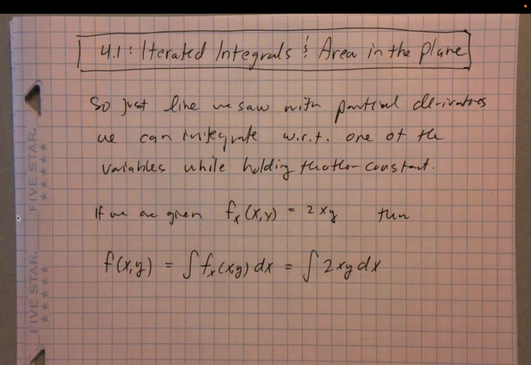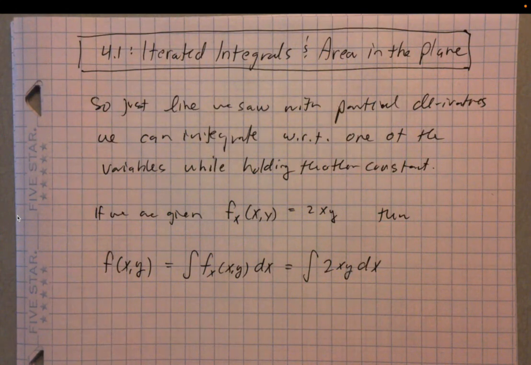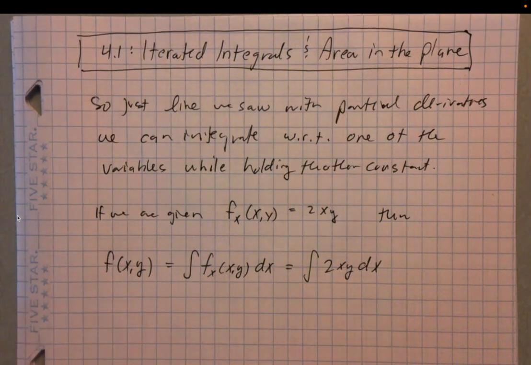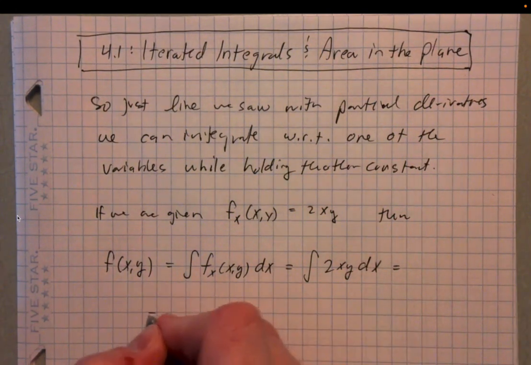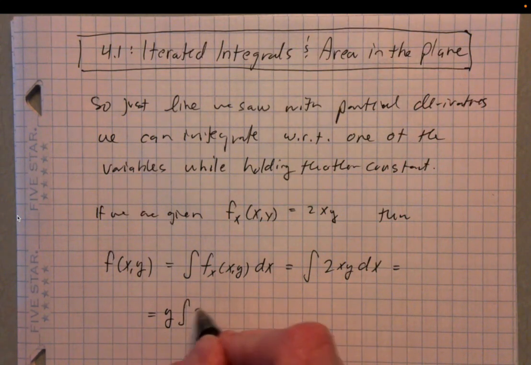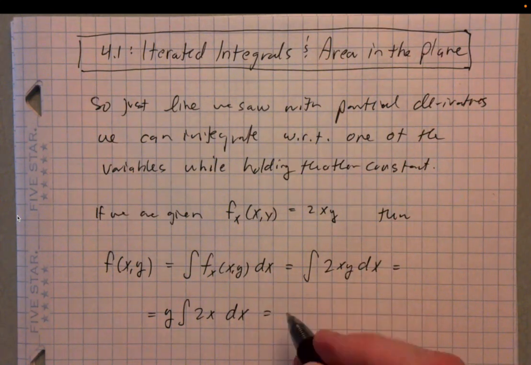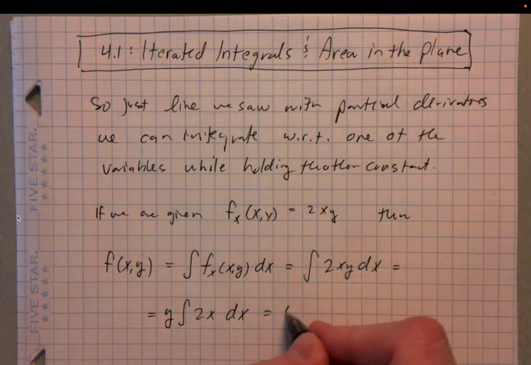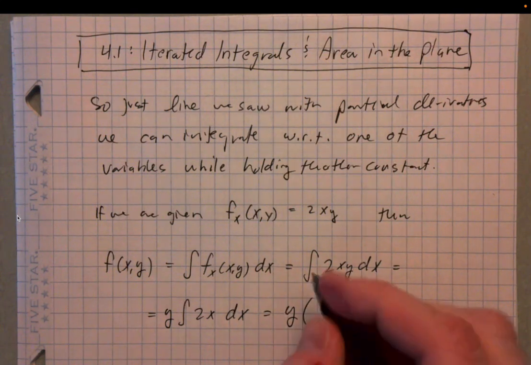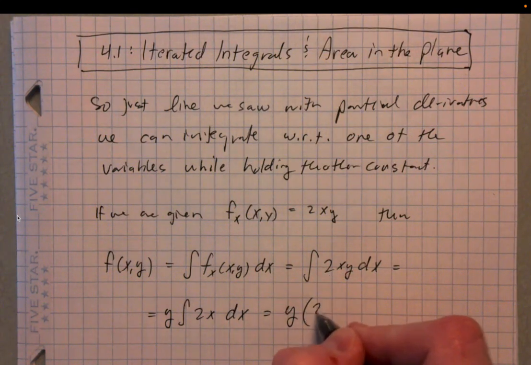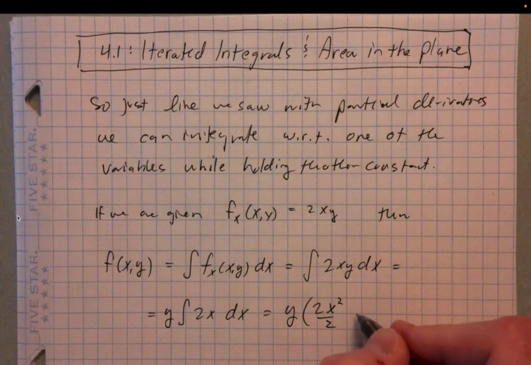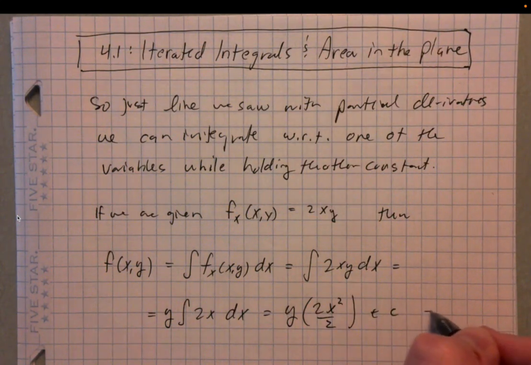Now remember, y in this setting is considered to be a constant, so we can pull it outside of the integral to make that plain. This is going to be y times 2x squared over 2, plus some constant.